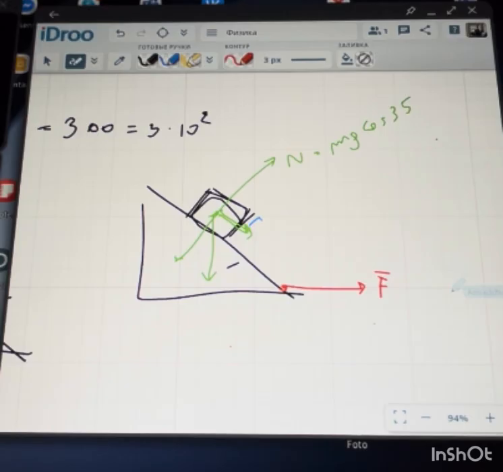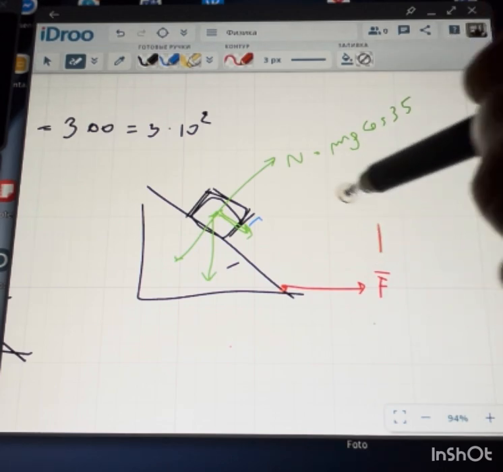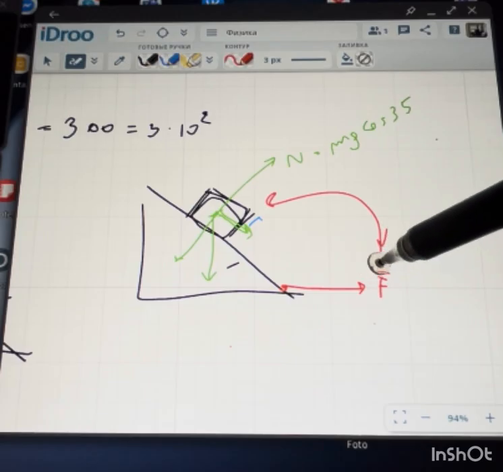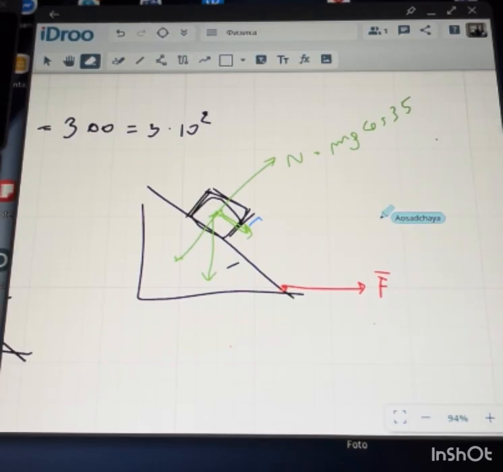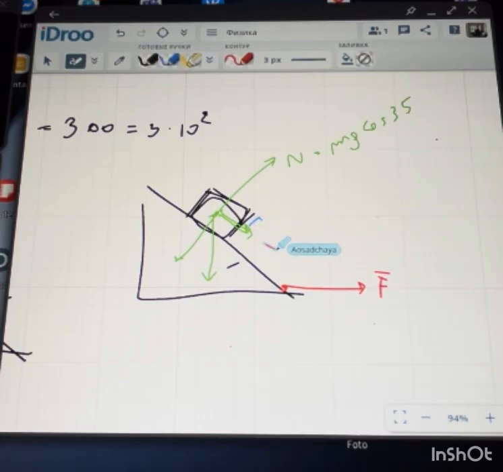What is the interaction between these two objects? It's going this way.